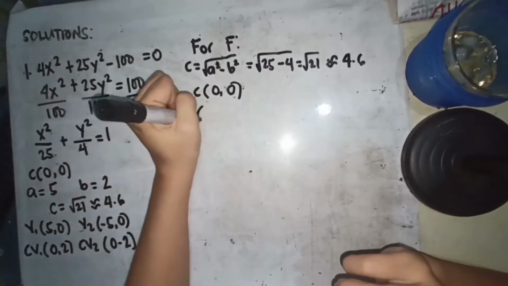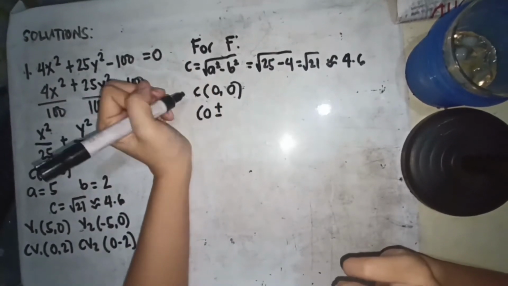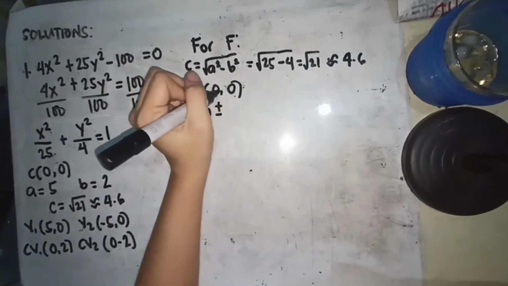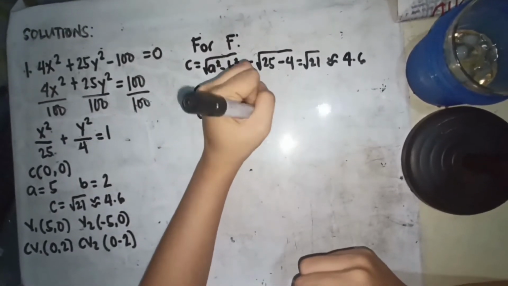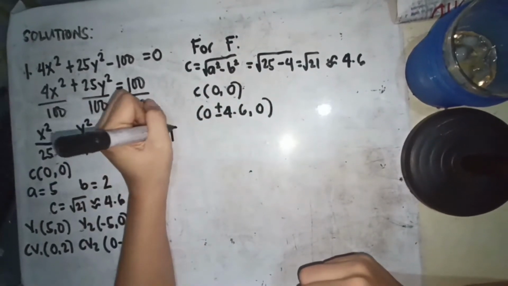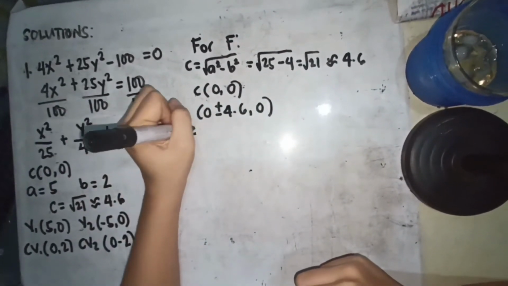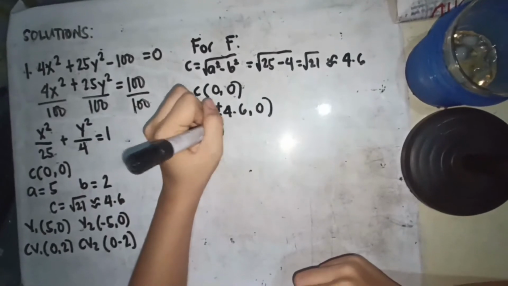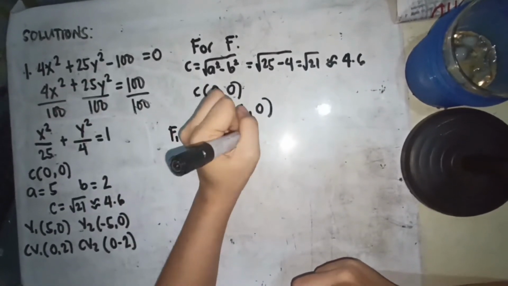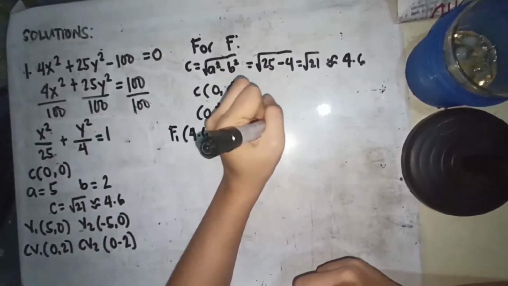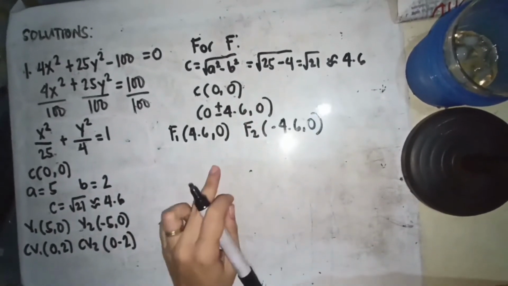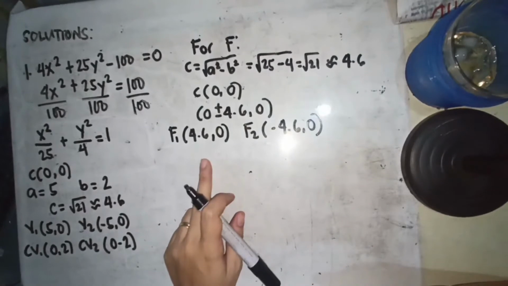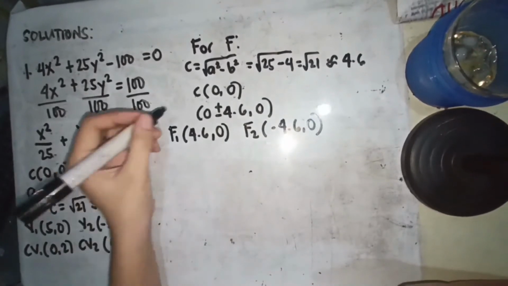So we'll have 0 plus minus 4.6 and 0. We have f sub 1, that is 4.6 and 0. And f sub 2, which is negative 4.6 and 0. So, nanatay foci.